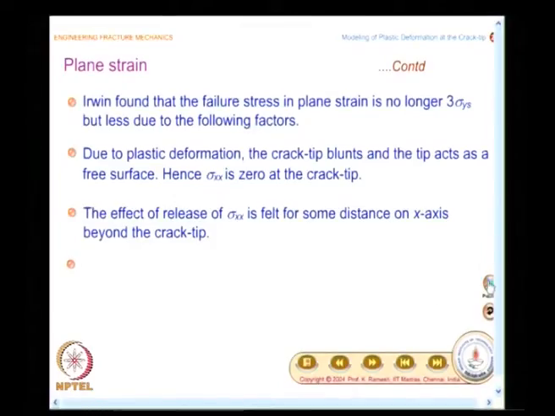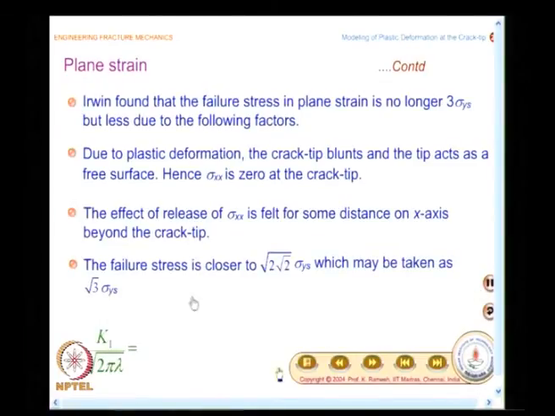Irwin made that estimate. What he had done was, the failure stress is closer to square root of 2 root 2 sigma ys, which could be simplified and taken as square root of 3 sigma ys.